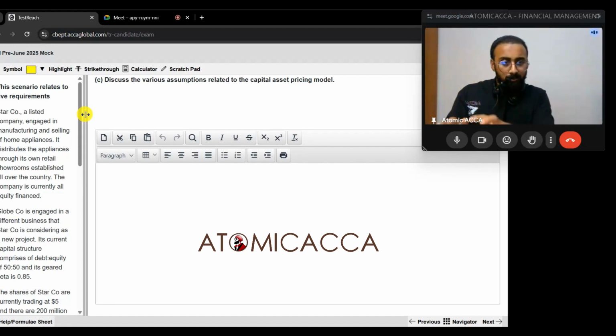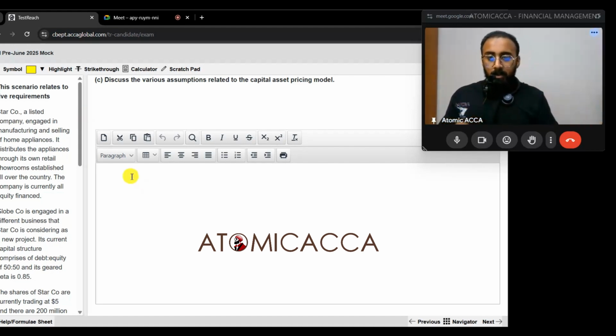We're going to go through this formula, see at each point what assumption is there, then write a small explanation on that, and that is going to be enough for our discussion over here.